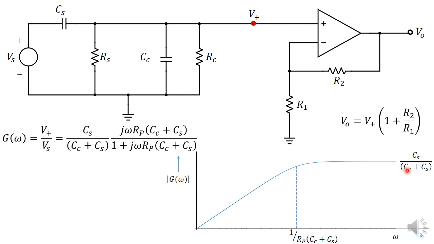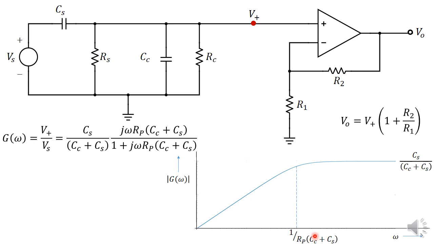You can see that the gain and the cutoff frequency both have the cable capacitance and the cable resistance in the terms, right? If the cable capacitance is much less than the capacitance of the sensor, then you can ignore it, and this gain becomes 1, and the cutoff frequency also becomes independent of the cable capacitance.